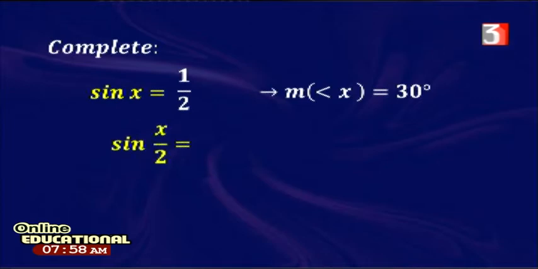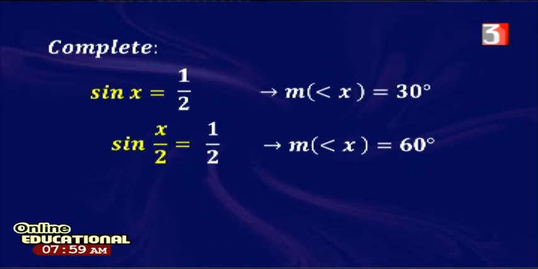If the problem is sine x over 2 equals half, exactly the same as the previous, instead of x there is x over 2. You have found in the previous problem that x equals 30. What is the number divided by 2 that gives 30? It's 60. In the same way, shift sine half equals 30 degrees. Then x over 2 equals 30. So you are going to obtain a result for measure angle x as 60 degrees.